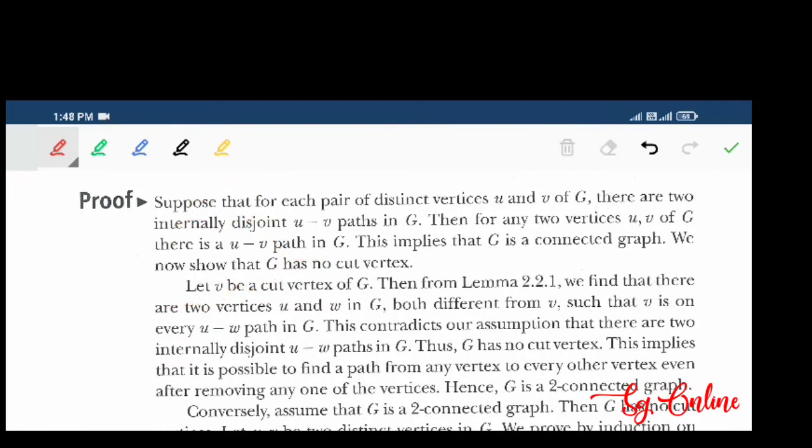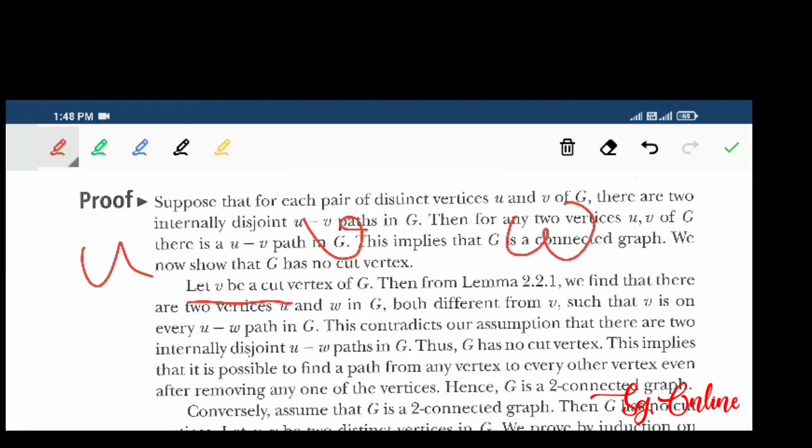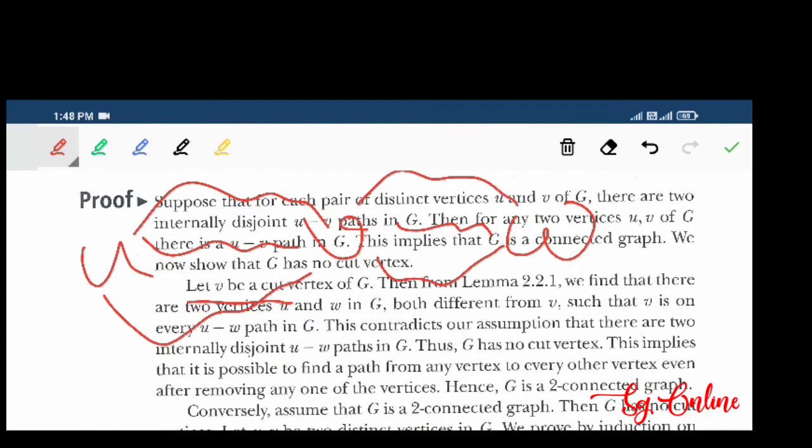Suppose you assume that there is a cut vertex v, then you know that there are two other vertices u and w such that for every u-w path you are finding v in between them.